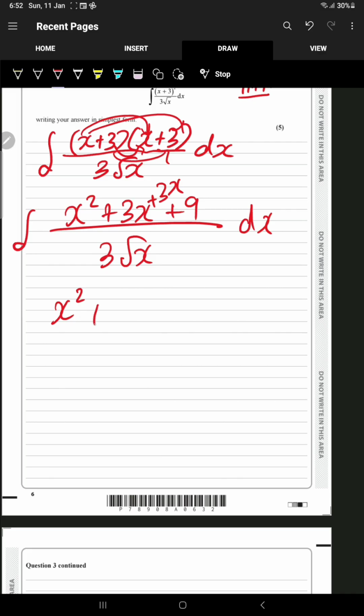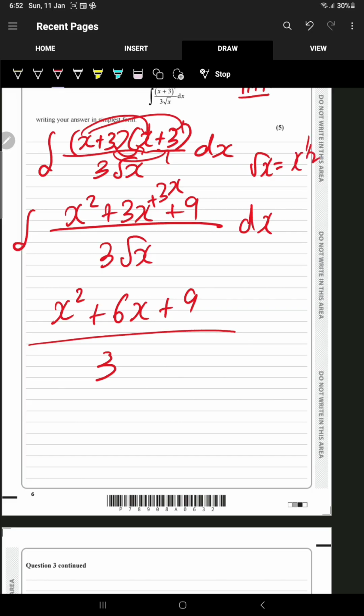So x squared plus 6x plus 9 over 3. Now this root x, any square root, can be expressed as a power of half. This is an indices rule you should know by now. x to the power of half.